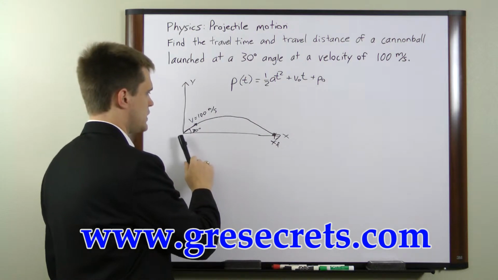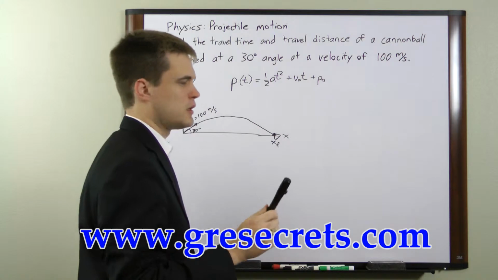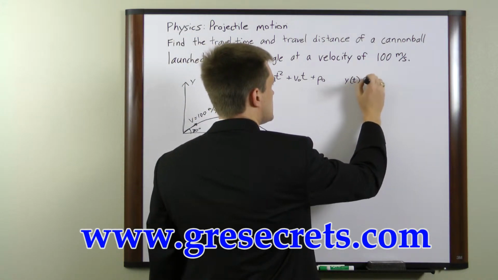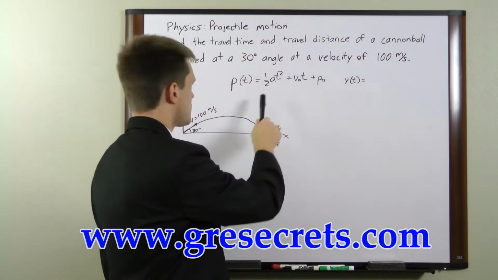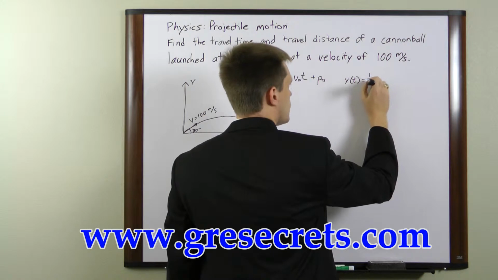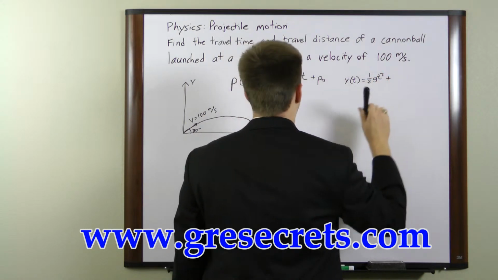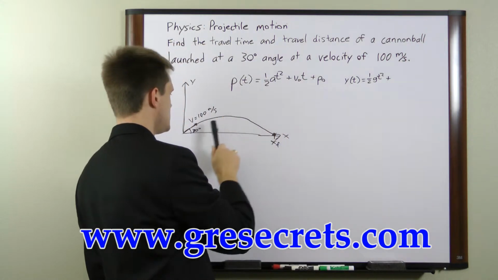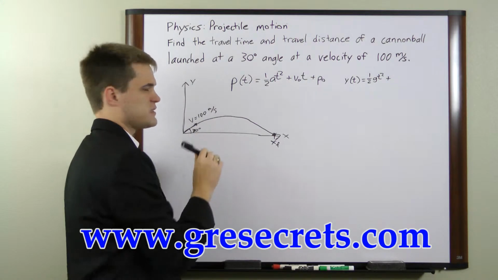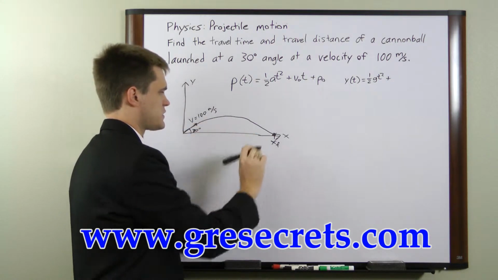Now for the y direction, what your equation of motion is going to look like is y at time t equals, your only acceleration is due to gravity, so we'll call that g. It's going to be 1/2 g t squared plus your initial velocity is going to be 100 meters per second, but that's not in the y direction, that's at 30 degrees off of the x direction.